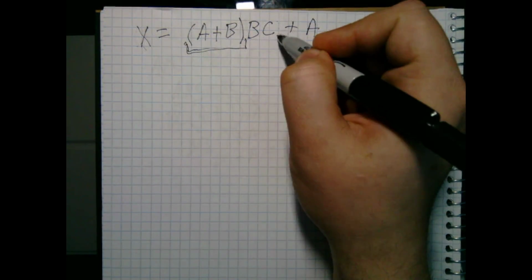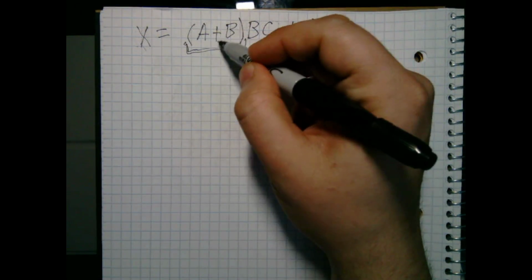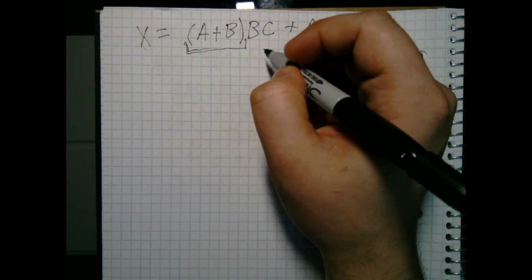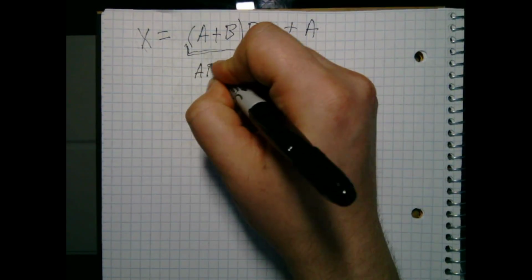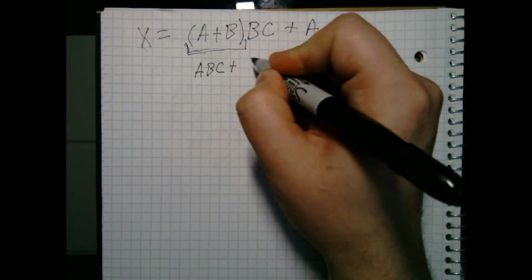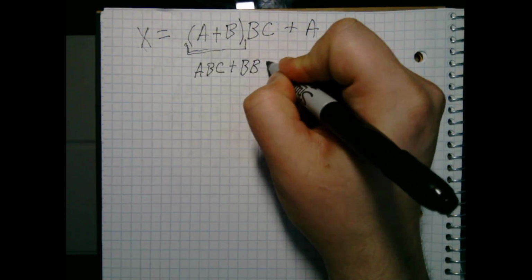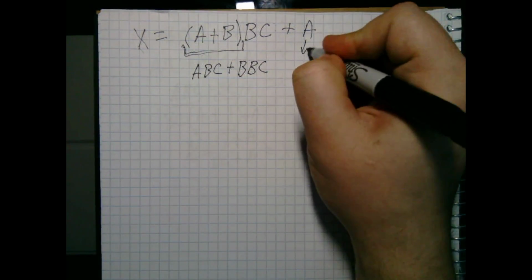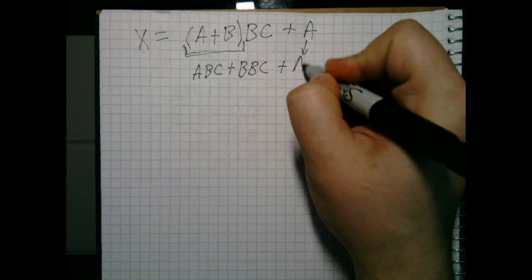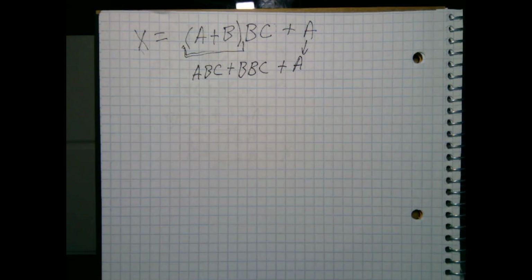We can distribute this BC to A plus B. So that means we'll get ABC plus BC, and then don't forget our A to carry down here. So now we have that equation.